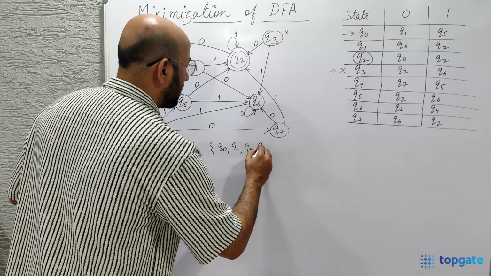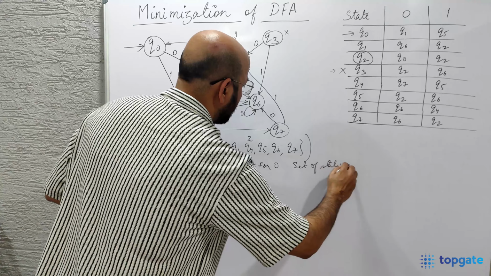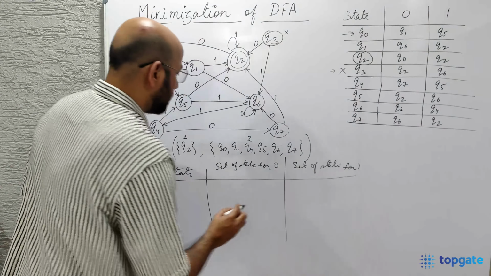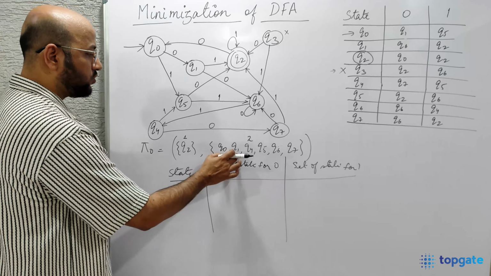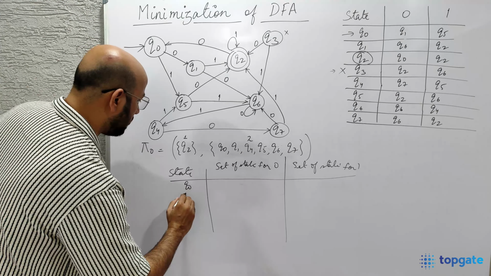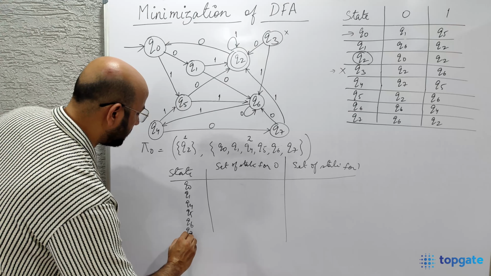I'll write state here, then set of states for input 0, and then set of states for input 1. Clear? In set 2 I have 6 states, so I'll write all of them here: Q0, Q1, Q4, Q5, Q6 and Q7.